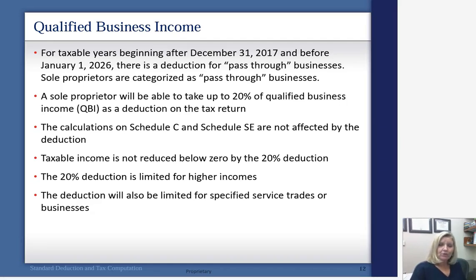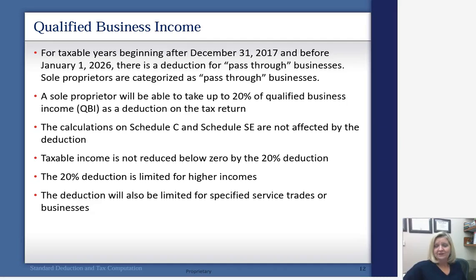So a sole proprietor would be able to take a deduction of up to 20% of their qualified business income. The calculations on Schedule C and SC are not affected by this, but it is a deduction that is permitted on the 1040. Just as an interesting side note, the QBI deduction is after the adjustments and before the standard deduction or itemized deduction. So it is an additional deduction from those two.